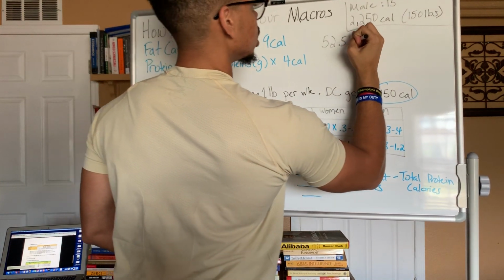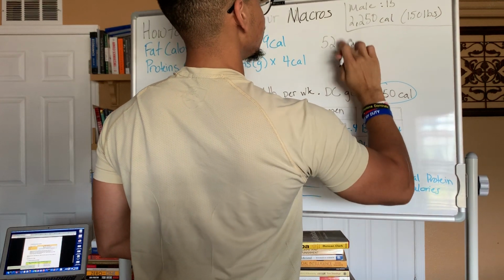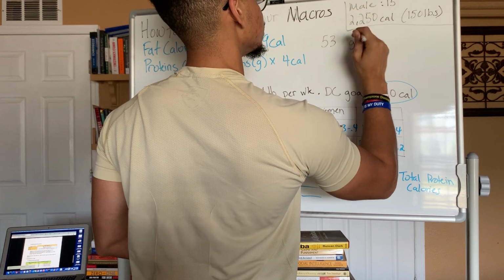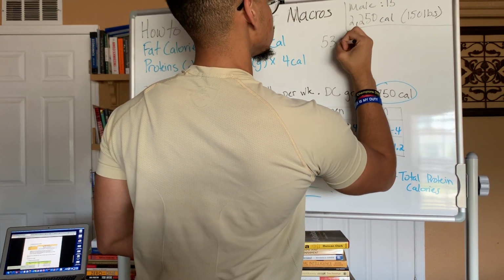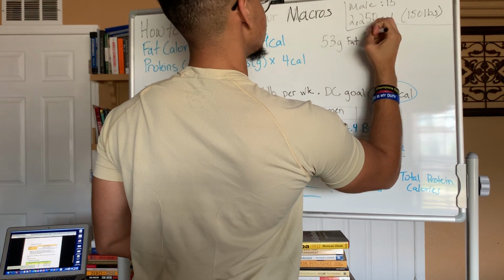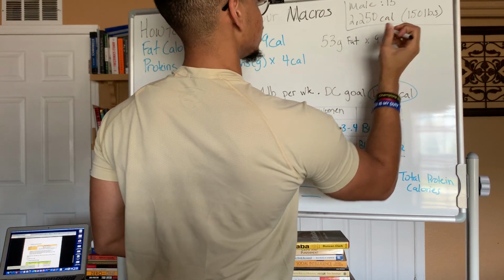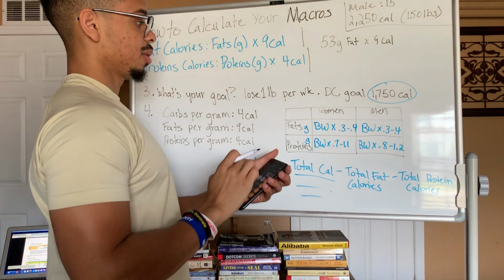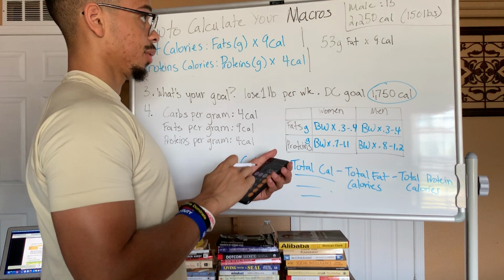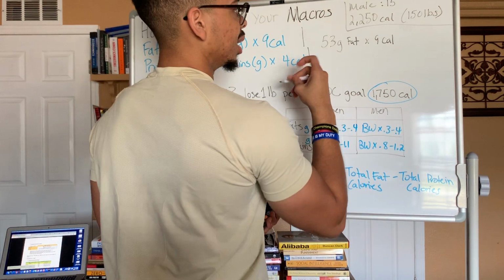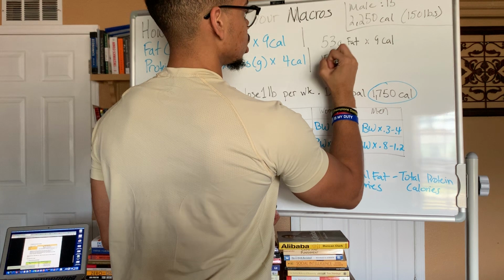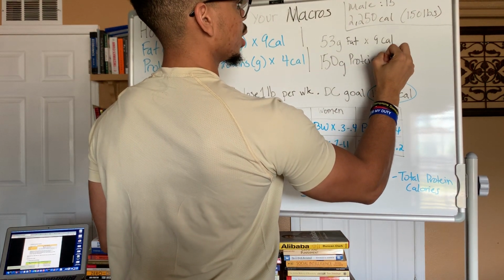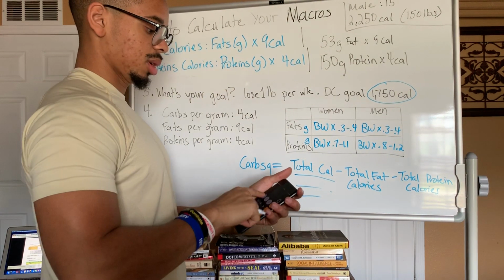Let's just round it up to 53 grams fat times 9 cal. And then body weight times, in the middle, 1, so 150 times 1 would be 150 grams protein times 4 cal.